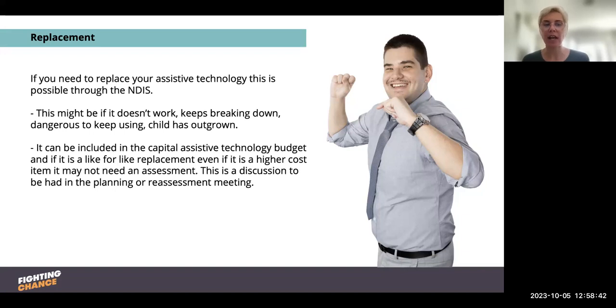And if it's like for like replacement, then even if it's a higher cost item, it may not need an assessment, but you can specify that and ask what they need. It's up for discussion, but it typically doesn't need it if it's like for like, and there just needs to be a quote submitted, and that can be purchased.